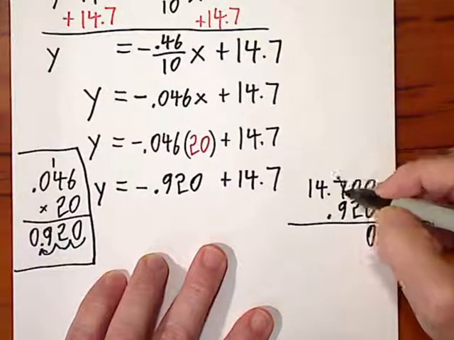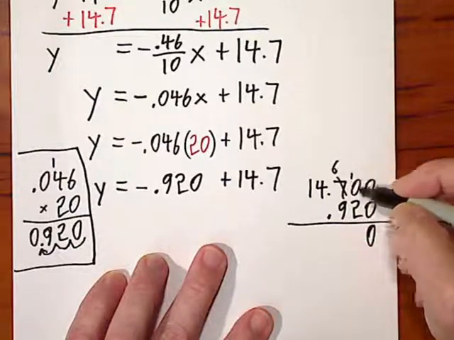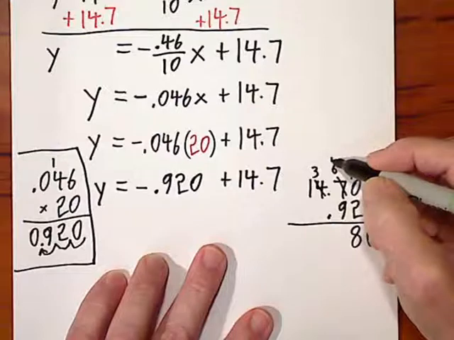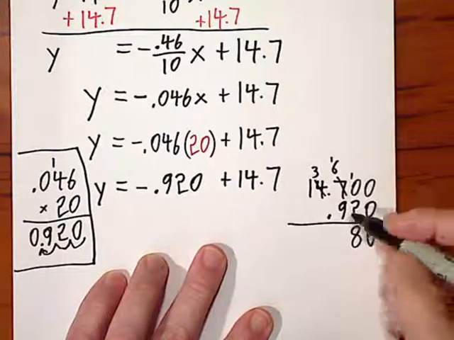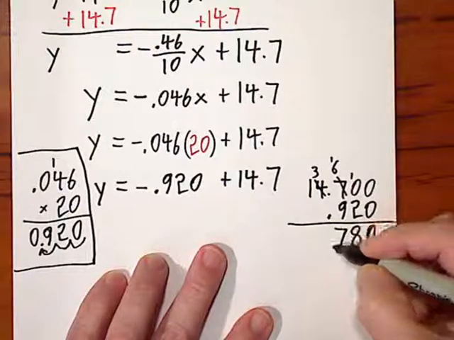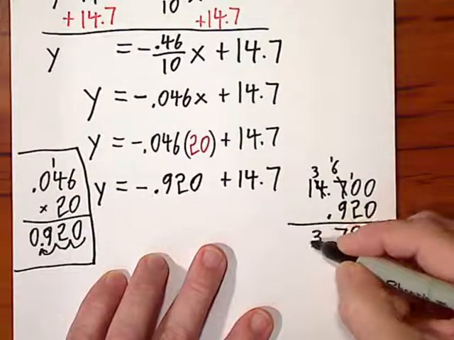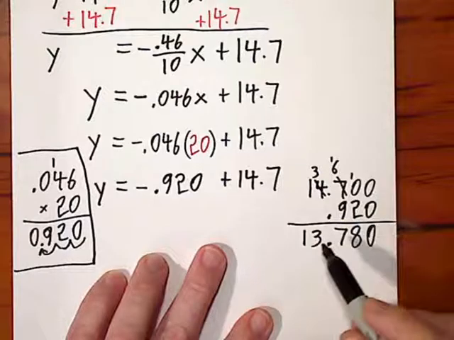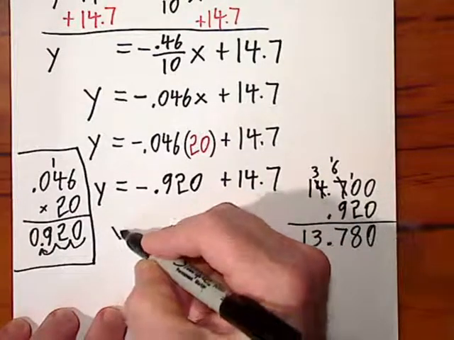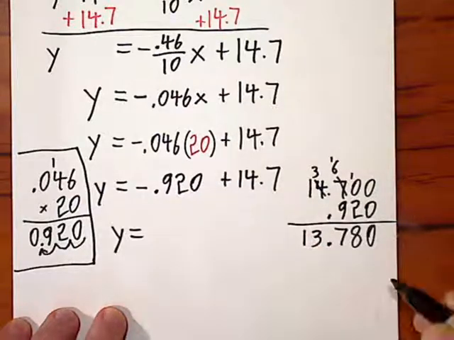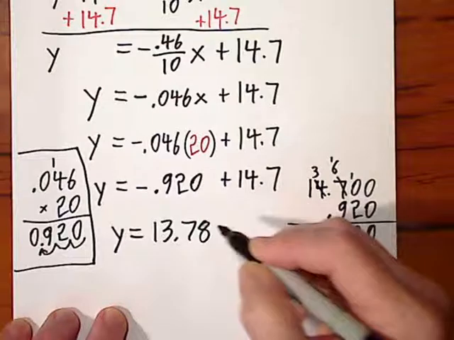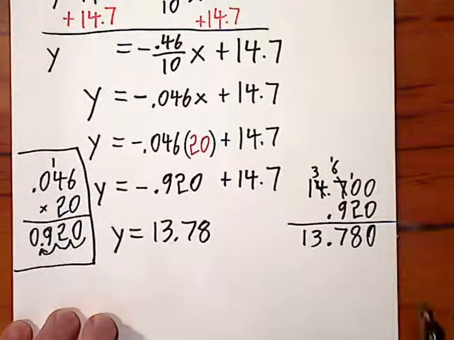This one is important. 7, 6, 10, there's our 8. Is that a 7? Okay. This is going to be a positive value. All right, so we found out that y, the birth rate, is 13.78. I can drop that trailing 0.